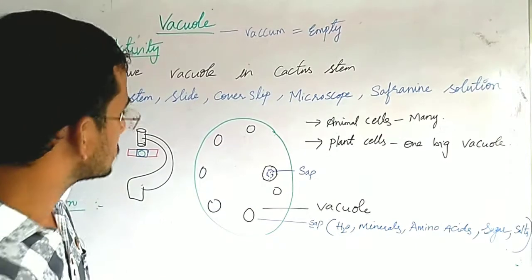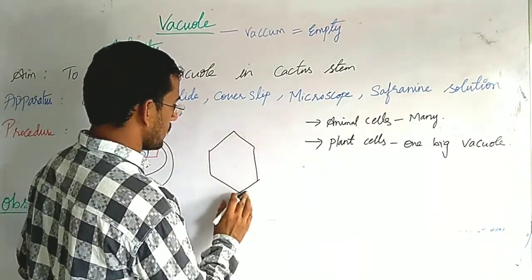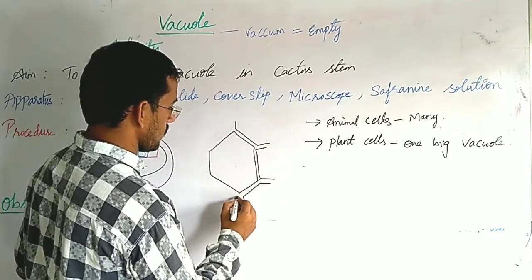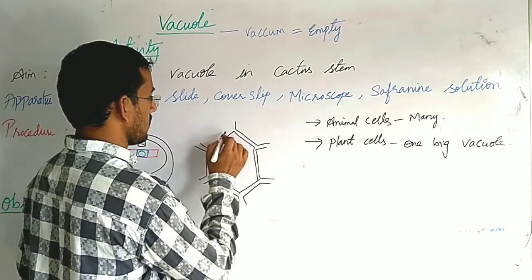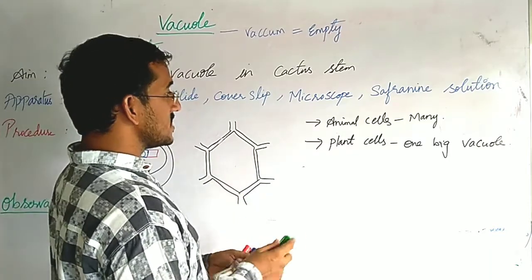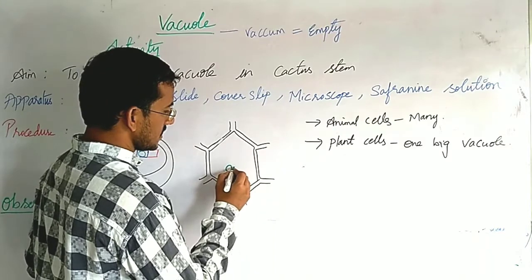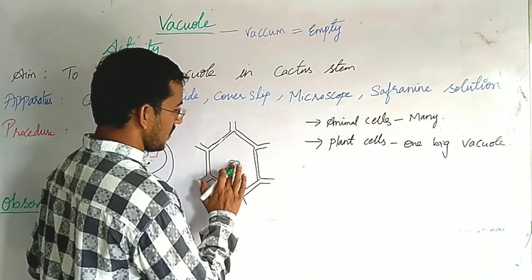But if you take plant cell, these small vacuoles combine together and make a big size vacuole.